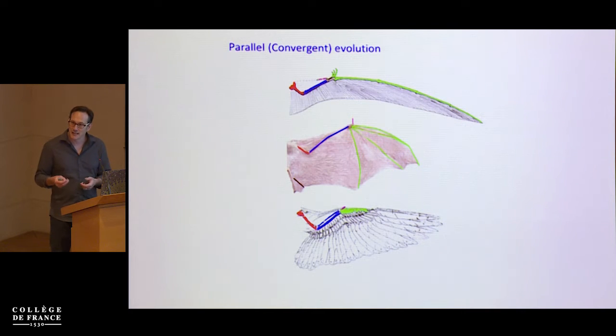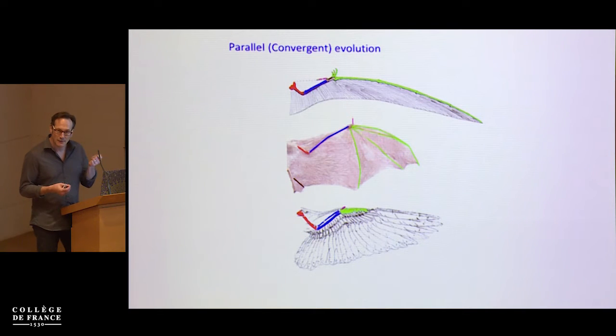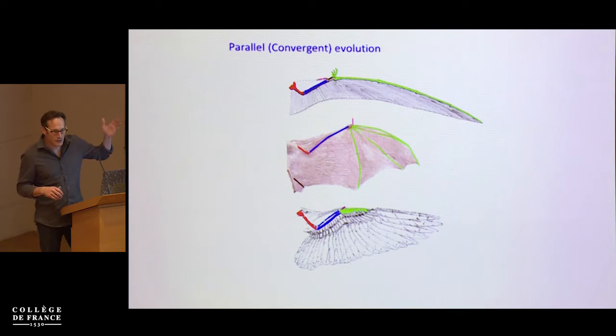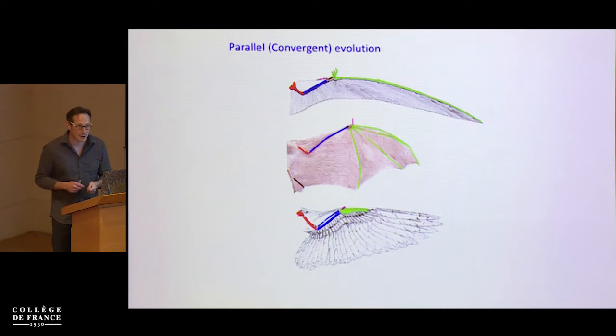An understanding of the genetic underpinnings of traits like this can be a powerful tool to learn about process, because you have multiple realizations of the same evolutionary process. While this is a great example of convergent evolution, it's not a great example for getting at the molecular underpinnings, because we have no idea how you make a wing, pretty much.